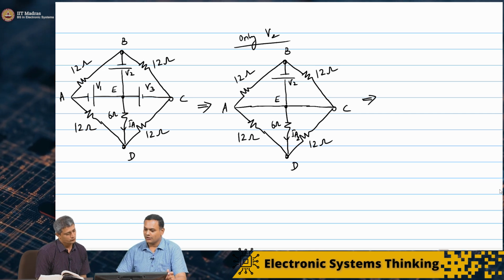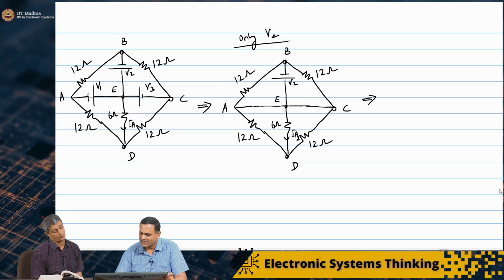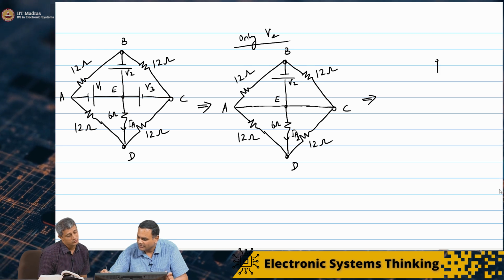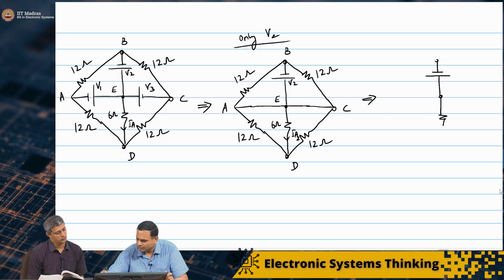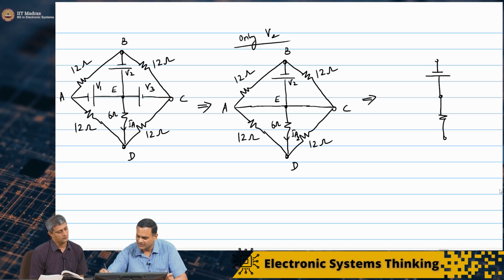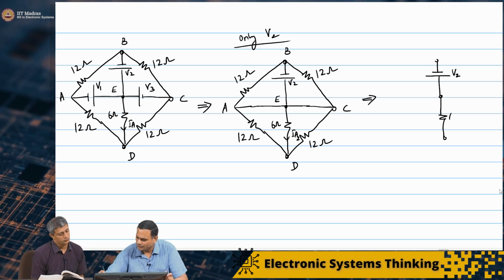So if I were to redraw this, let me draw the critical portion which we are not folding over, which is the center point. So this is basically V2, 6 ohms.